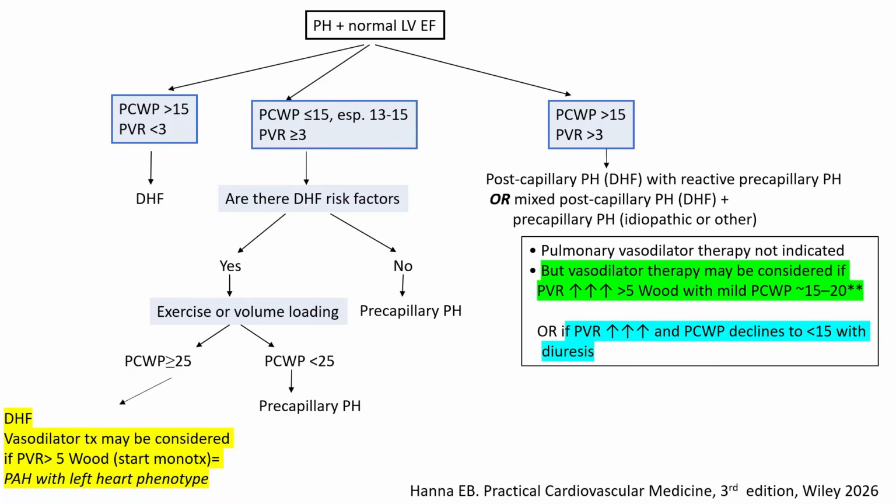But before that, I would rather concentrate on the more advanced update to that diagnostic hemodynamic approach. I want to specifically focus on three instances where vasodilator therapy may be considered in combined pre- and postcapillary PH.